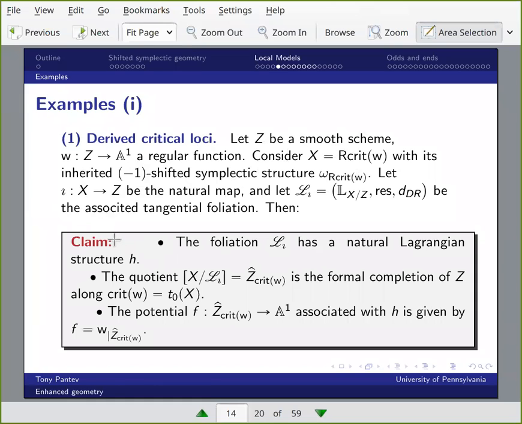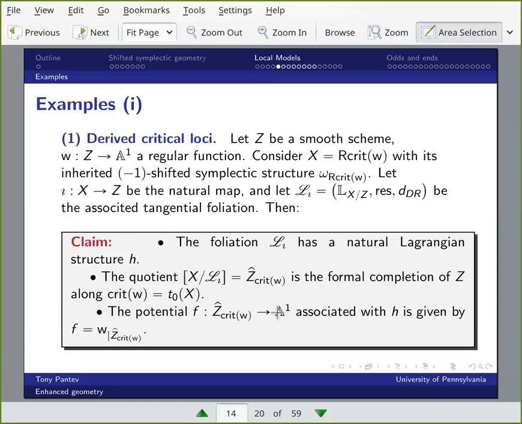That's the Lagrangian foliation. And you can actually construct the quotient. The quotient is the formal completion of the derived critical locus inside the ambient guy. And the potential is just the restriction of the given potential. The potential that you get from the foliation is just the restriction of the given potential.